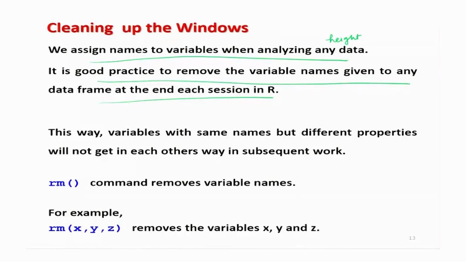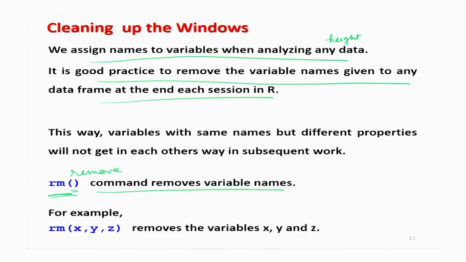So, the question is, how can you remove the variables? We have a command here, RM. RM means remove, it is the short form, right. If you type RM and inside the parenthesis you write the variable name, this command will remove the variables. And you can remove one variable or more than one variable at the same time.